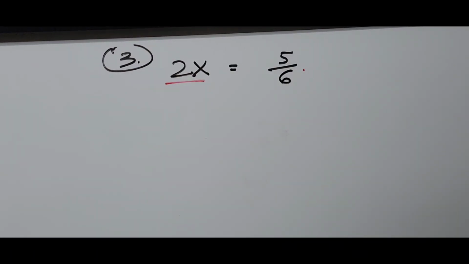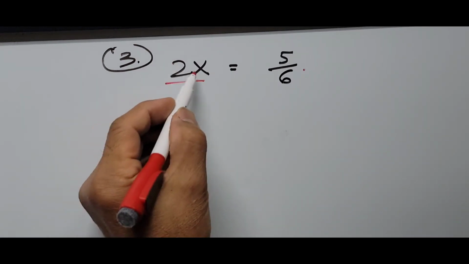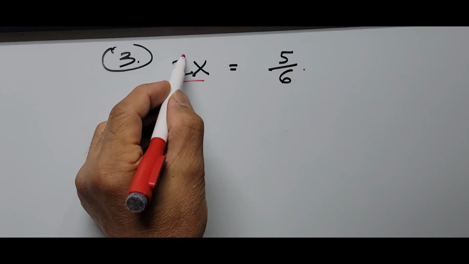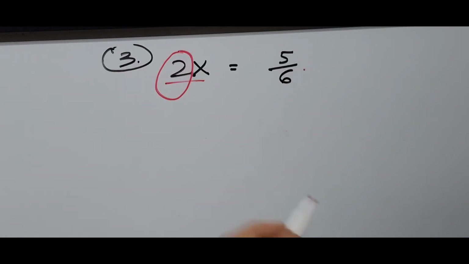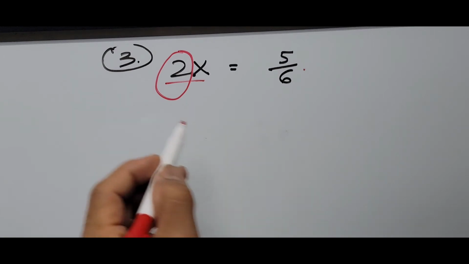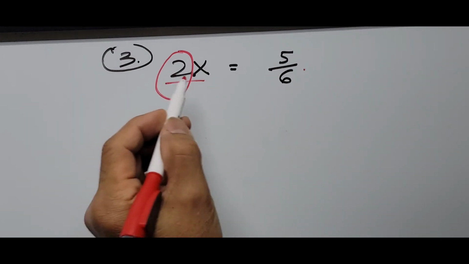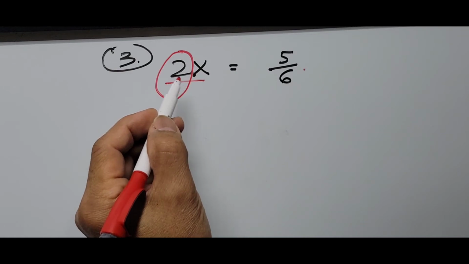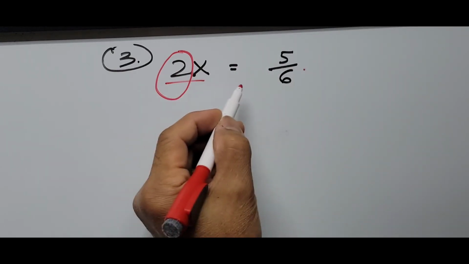Right? So transposition works this way. See, we have a coefficient over here, 2. How to get rid of the 2 right there? The technique of transposition is, if you move that to the right, it will become the denominator.